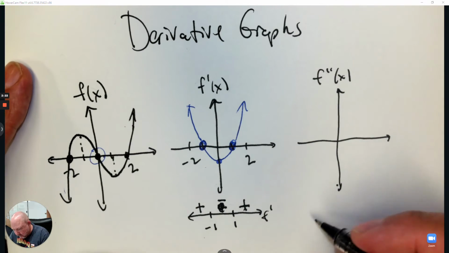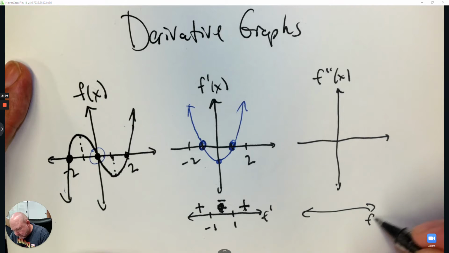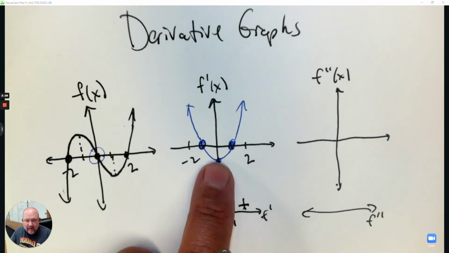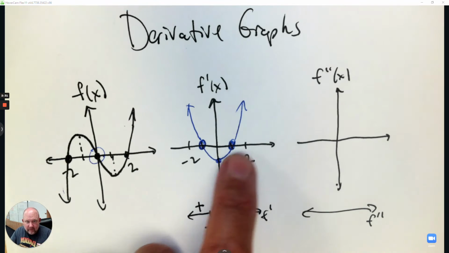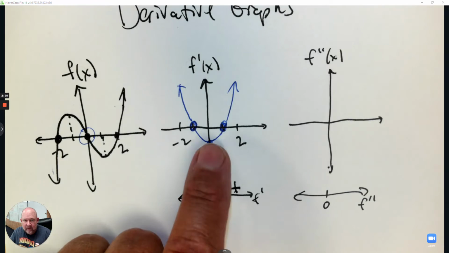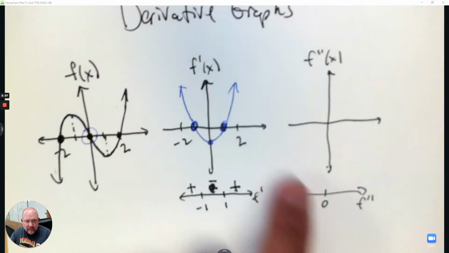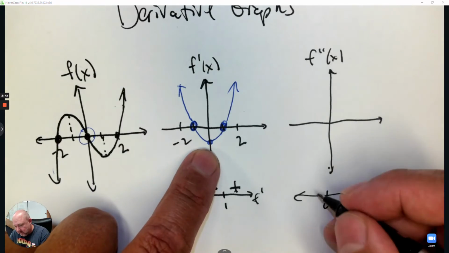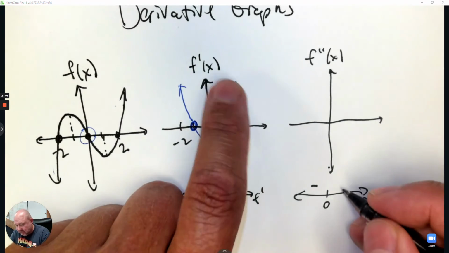How about the second derivative? What are the key points here? The only key point is the turning point of the first derivative. So 0 describes the only critical number for the second. And then I'm looking for decreasing, which is negative, and then increasing, which is positive.